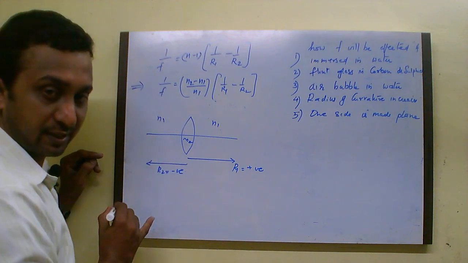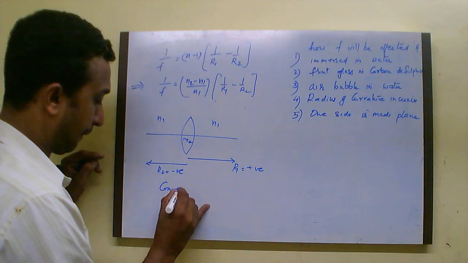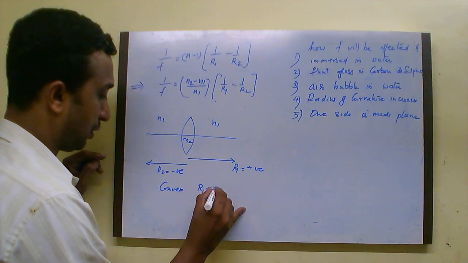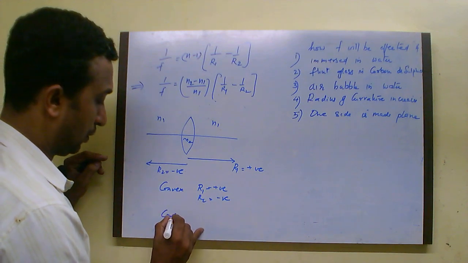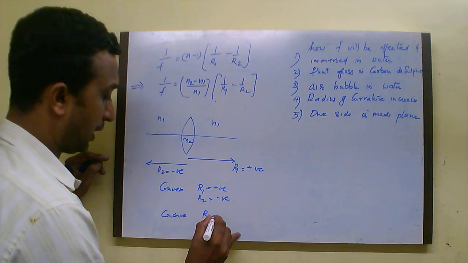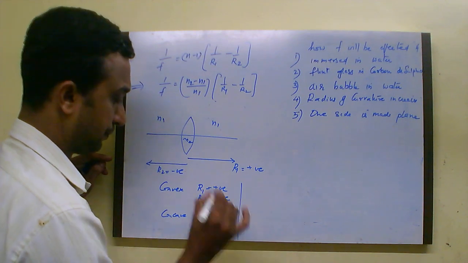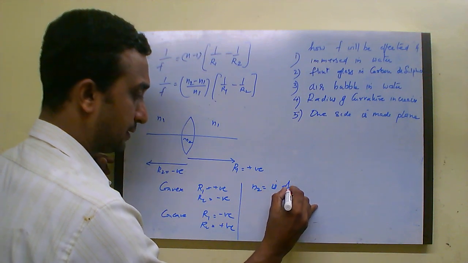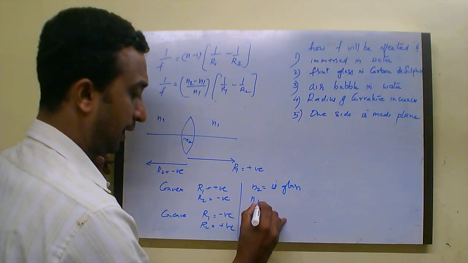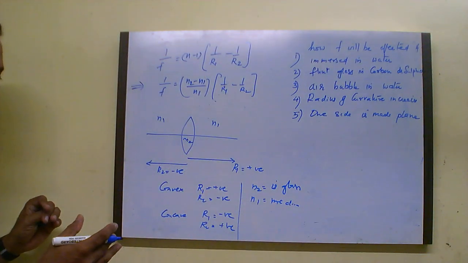For a convex lens, R1 is positive, R2 is negative. For a concave lens, R1 is negative, R2 is positive. n2 is the glass refractive index, n1 is the medium's refractive index. So all these things should be kept in mind.